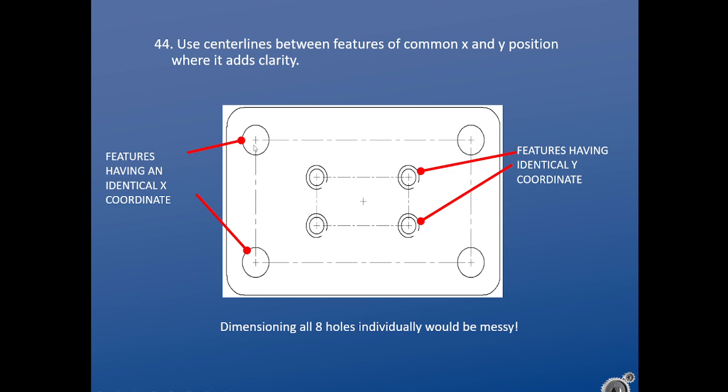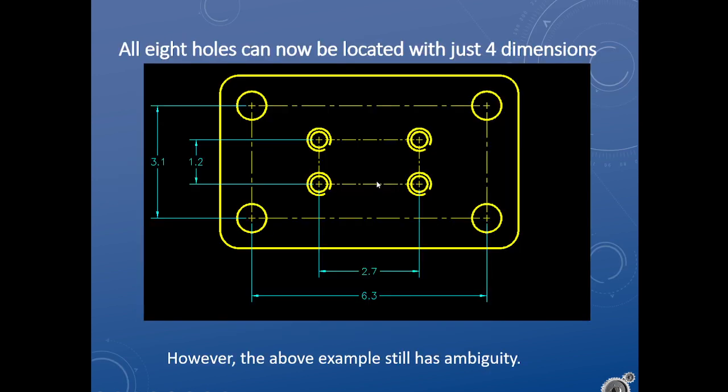They're also used to indicate alignment. So these two holes are aligned along that center line. These ones are aligned along the same center line, which means I don't have to dimension all four because the center line is telling me they're aligned horizontally with each other. So we can reduce the number of dimensions we use.